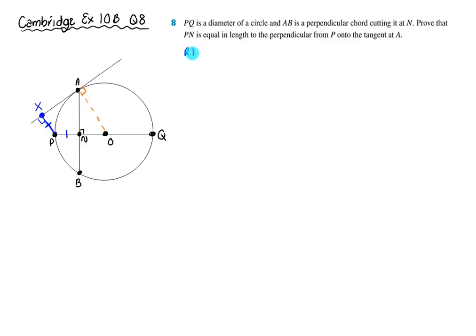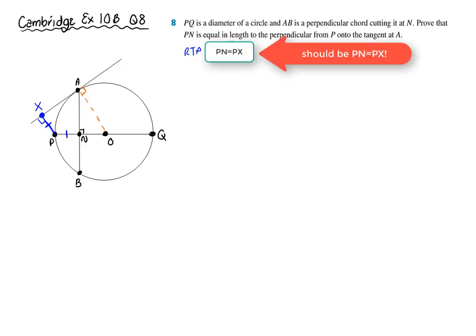So we're required to prove that PN is equal to PX. That's what we're required to prove. So let's set up our question.